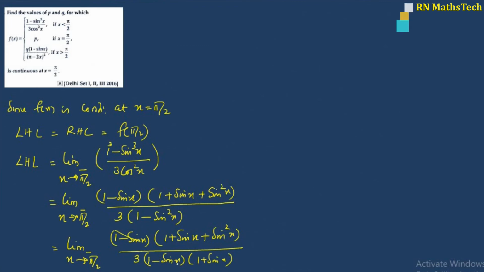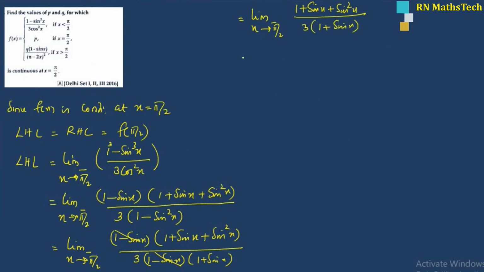So 1 minus sine x gets cancelled. That equals limit x tends to pi by 2 minus 1 plus sine x plus sine square x by 3 into 1 plus sine x.